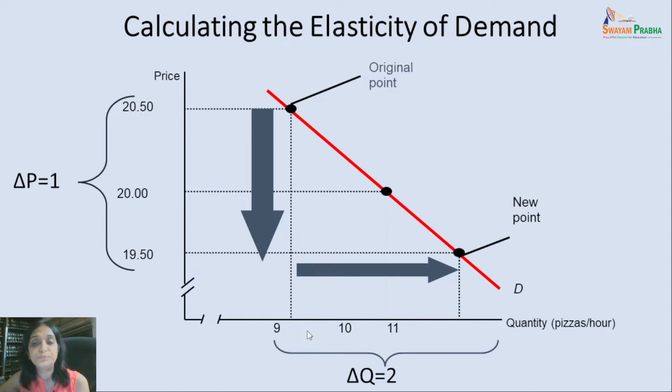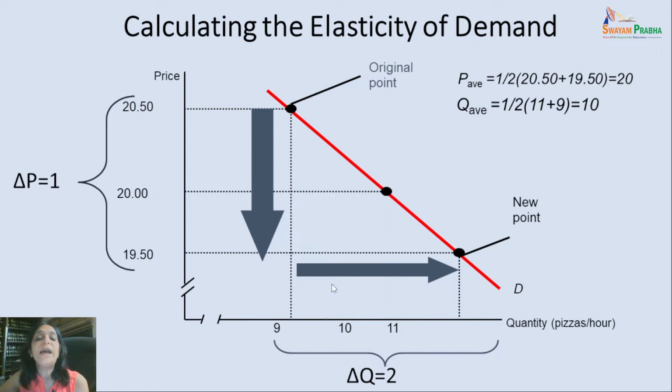We are using the midpoint method, so we'll find the average of the price, that is 20.5 plus 19.5, divided by 2. The answer we will get is 20. Learners, I would recommend you start doing this right now in your notebooks so that you remember it well.